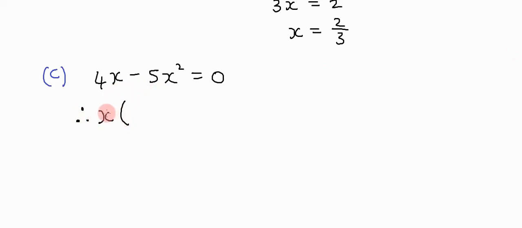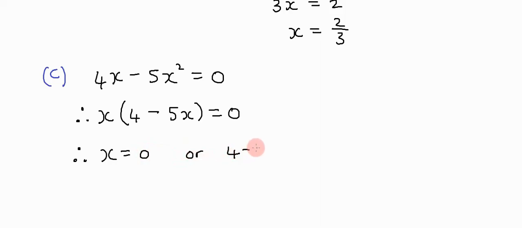So x into 4x, 4 times, minus x into 5x squared, 5x times. And this is equal to 0. Then using the zero product rule, either x is going to be 0 or 4 minus 5x will be 0.